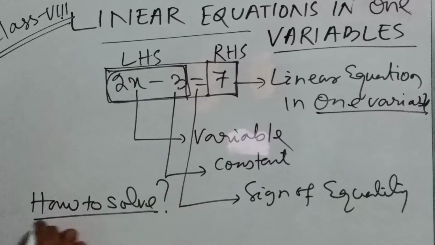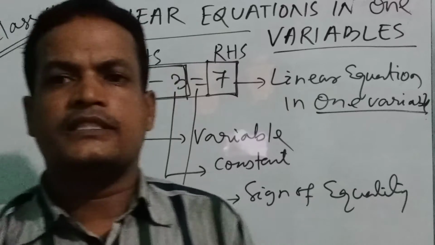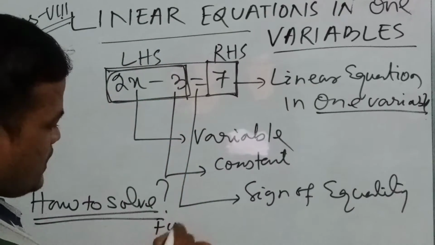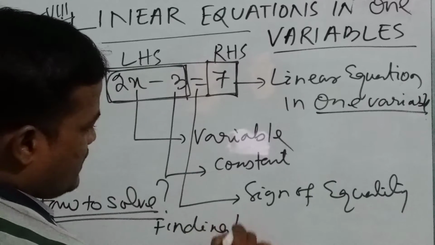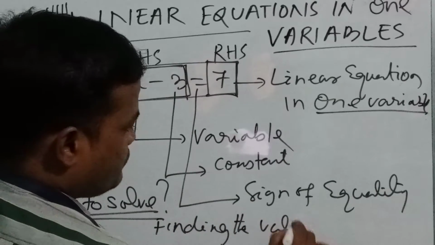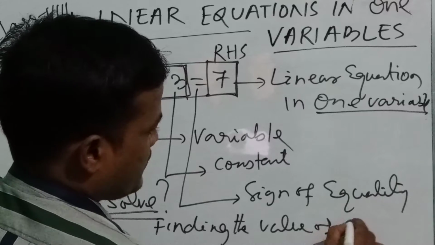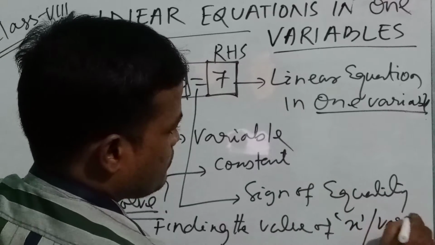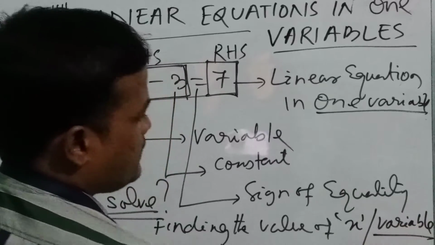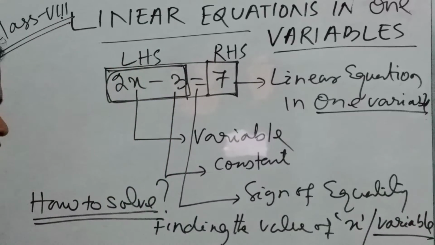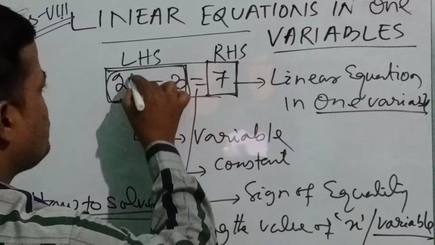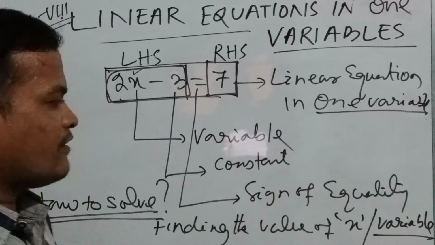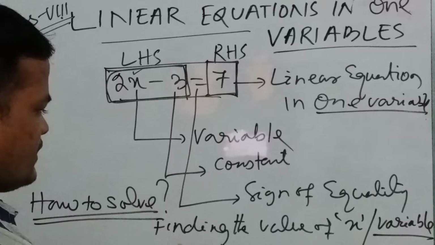How to solve? Solving an algebraic equation means finding the value of x here, or otherwise you can say the variable. Finding the value of the variable means that we are solving the equation.